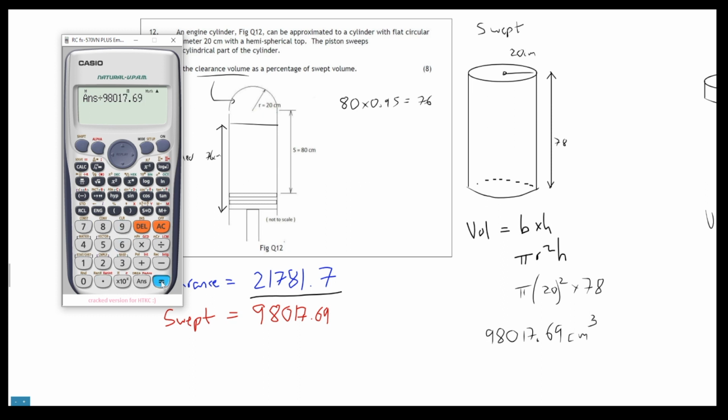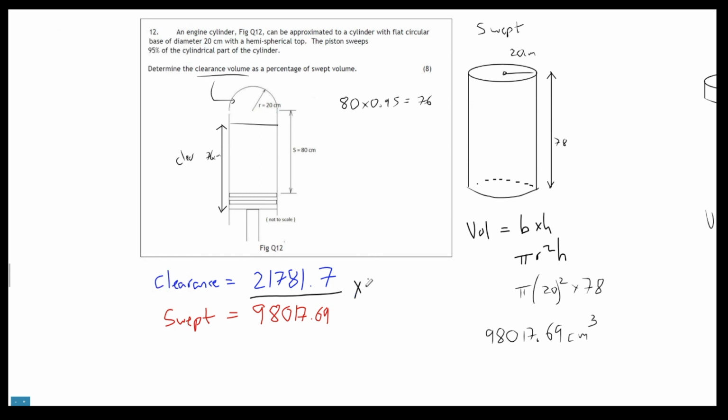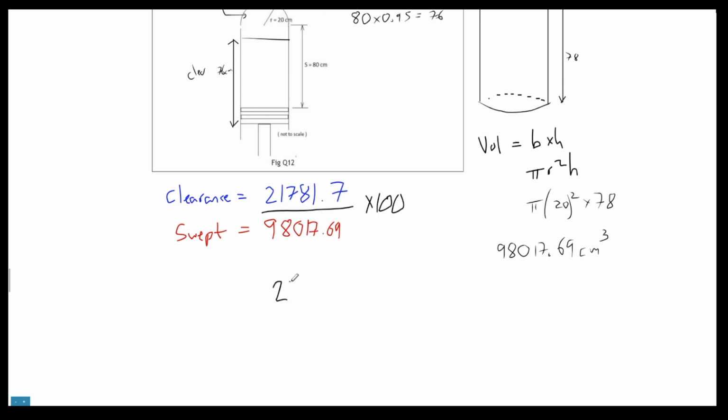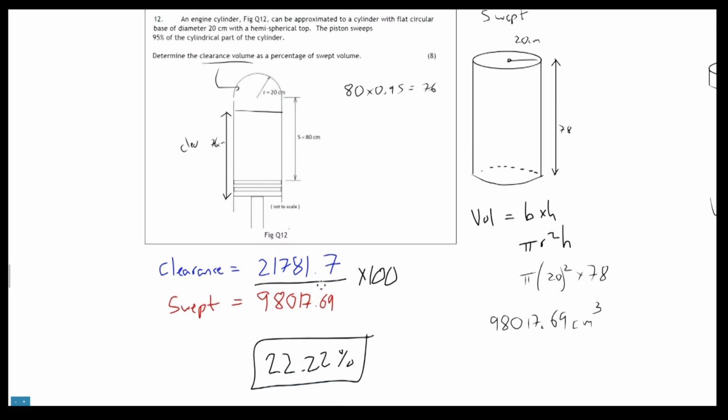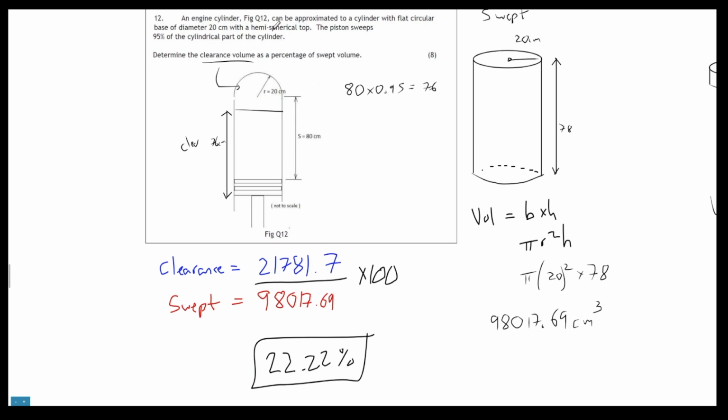This gives us a decimal, which is very easy to convert into a percentage. You just times it by 100, so it's 22.22%. Let me check it over: clearance volume as a percentage of swept volume. Looks good. It's 22.22%. And that's the end of the test.